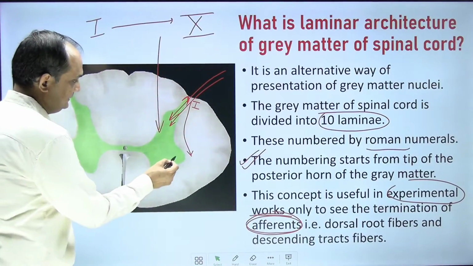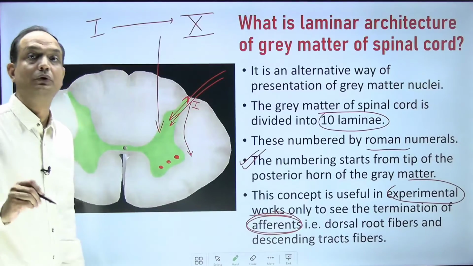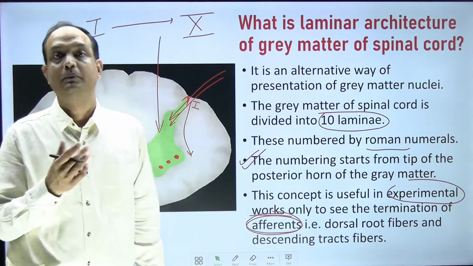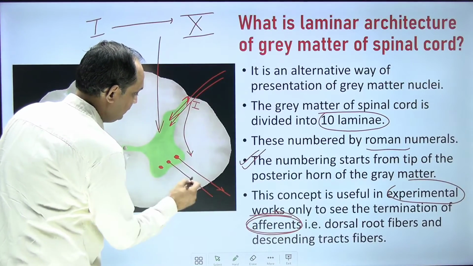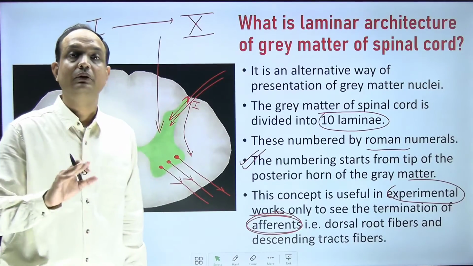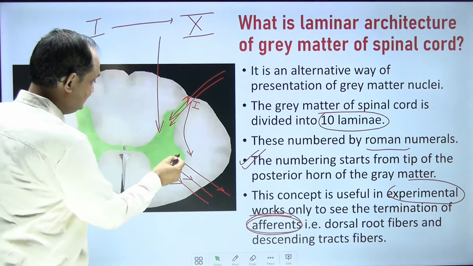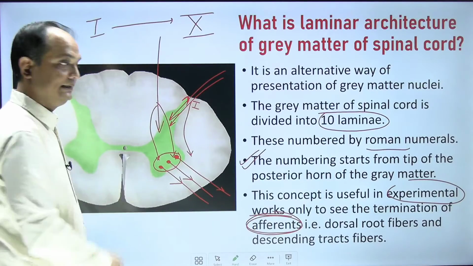We know that the anterior horn has motor neurons like alpha and gamma motor neurons, and these neurons supply your skeletal muscle. But my dear students, you have to understand that these areas also receive some terminals from the descending tract.